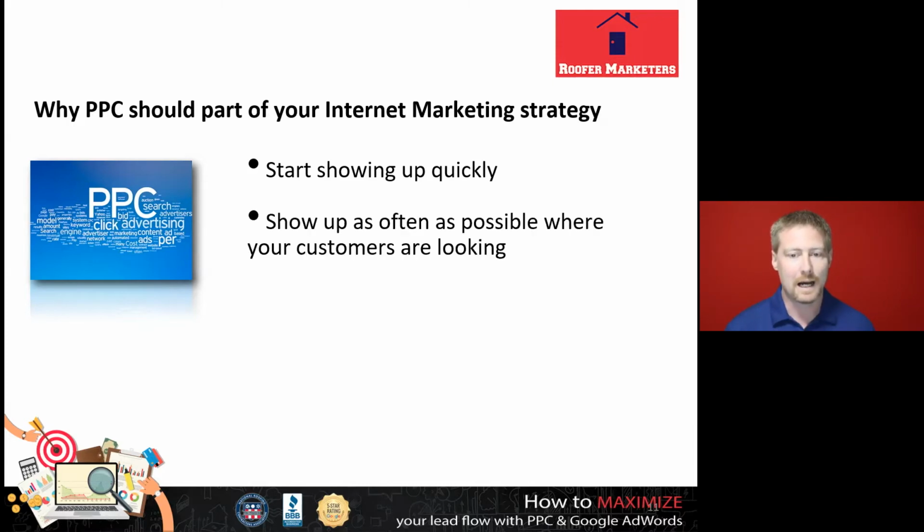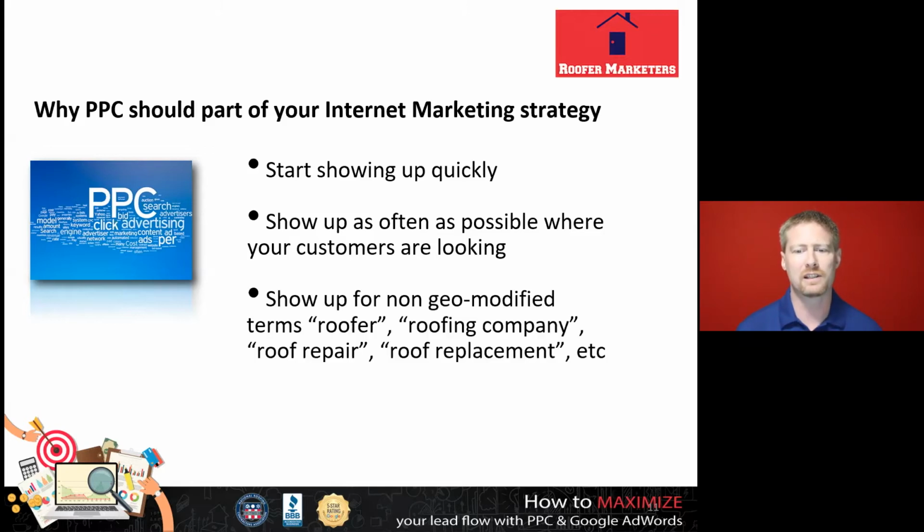So you can show up as often as possible where your customers are looking, and this is where the power of Google Ads comes into play. We can measure the intent of the searcher, and it allows you to show up for non-geo-modified terms like roofer, roofing company, roof repair, roof replacement.